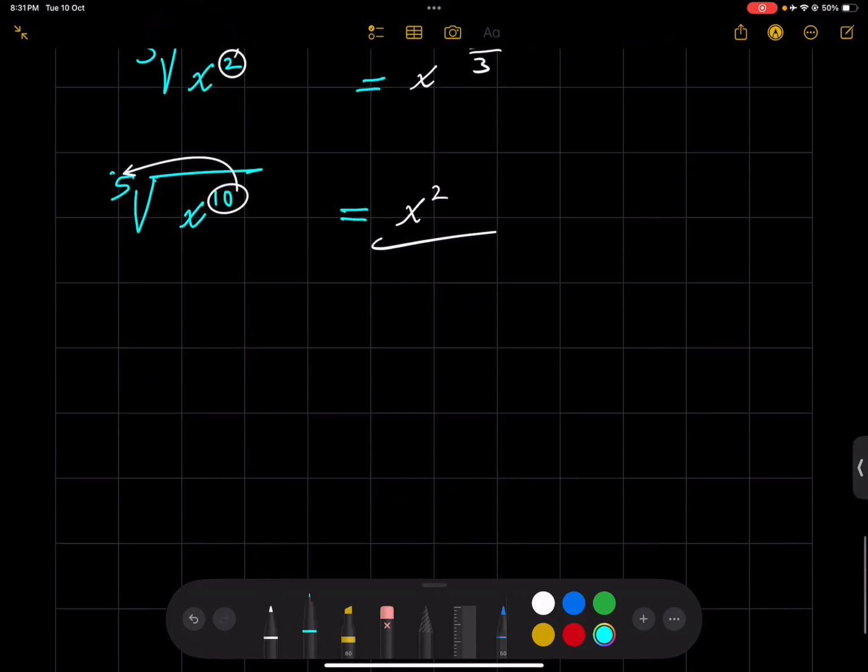So let me give you the last thing. Here we have the cubic root of 64 x to the power of 9 y to the power of 5, for example, and they want to turn it into exponential form. So the cubic root of 64, what do you think?